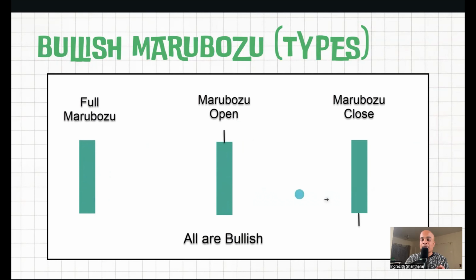Now the other one is Marubozu close. Why it is called Marubozu close is that the close itself will be the high. In other words, there will not be any selling wick here. So the buying wick is acceptable. Why? Because the buying wick aligns with the trend, right? This is a powerful Marubozu pattern because this wick is a buying wick.